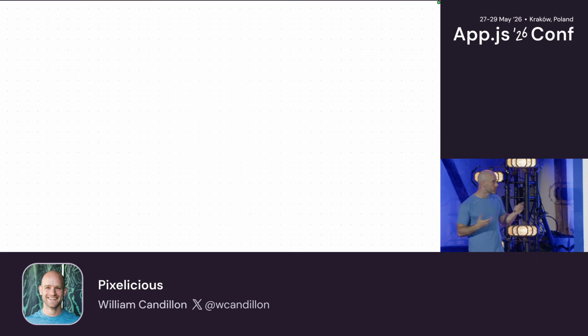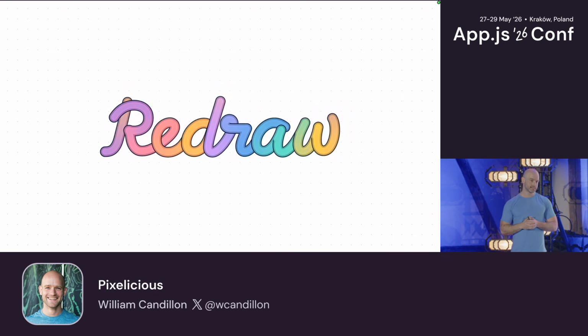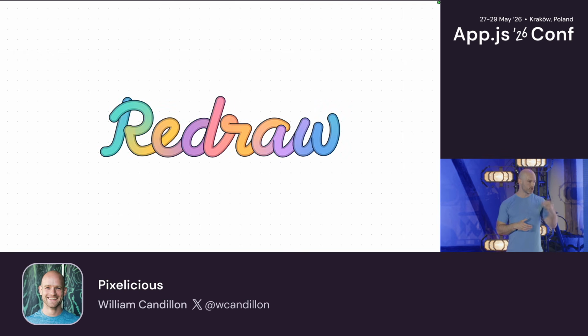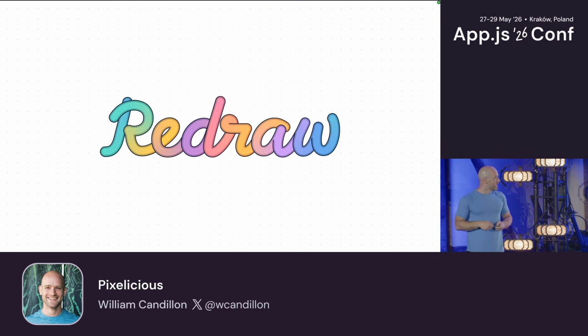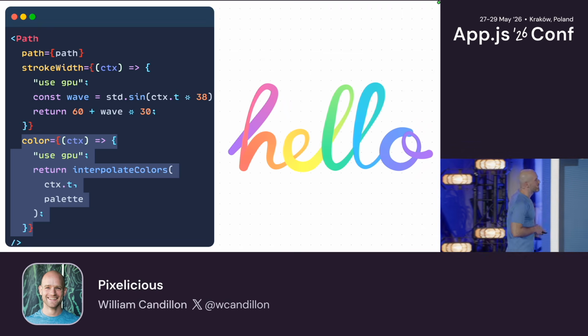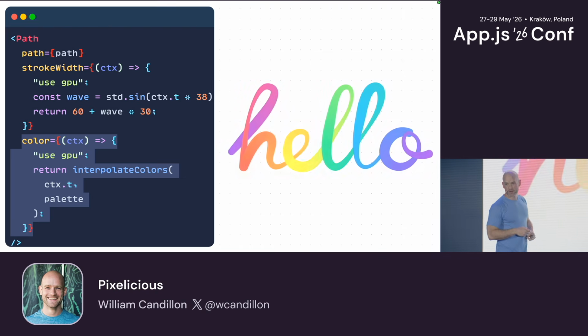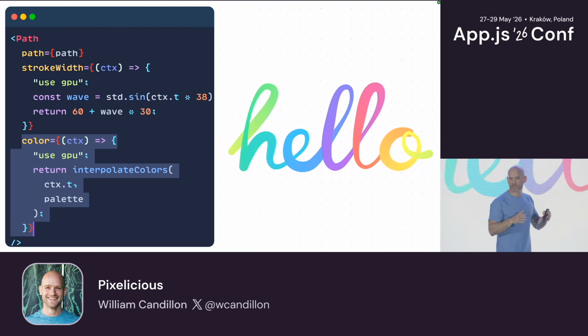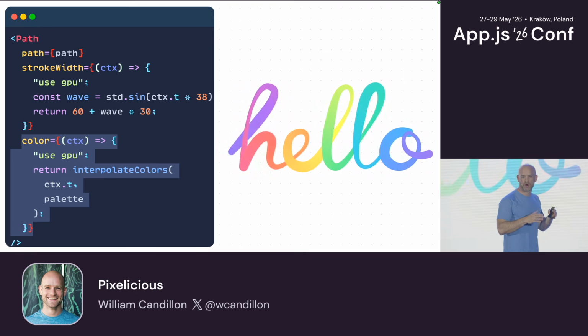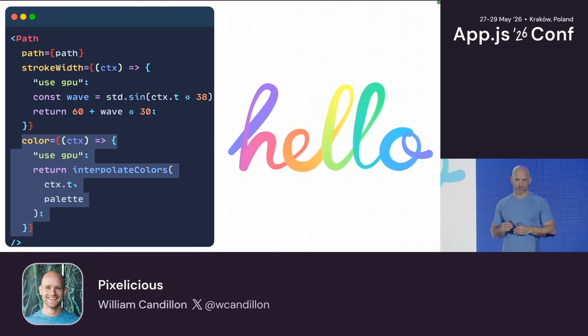And this is exactly what Project Redraw is. That's a new project I'm starting, which runs on top of WebGPU, so it integrates at zero cost with libraries like Skia and WebGPU. And you see these use GPU directives on the source code means that these functions are compiled and executed on the GPU using TypeGPU, which is a project from Software Mansion.